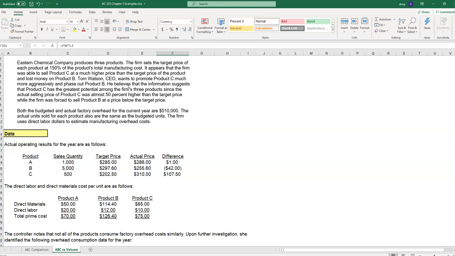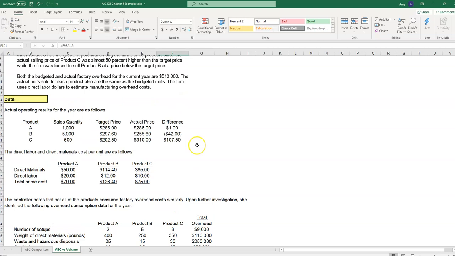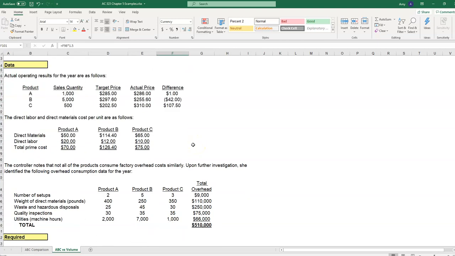So because we can sell product C at a higher price than the target price, and we're actually taking less than the 150% for product B, our CEO wants us to promote product C more aggressively. However, our controller doesn't really agree with that. Our controller thinks that we should look at using an activity-based costing system instead of a single rate system.